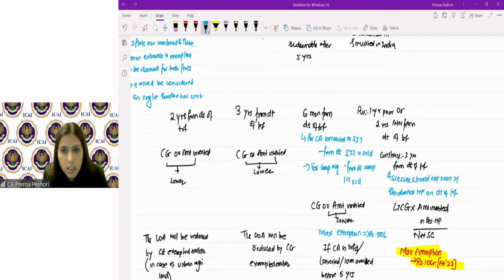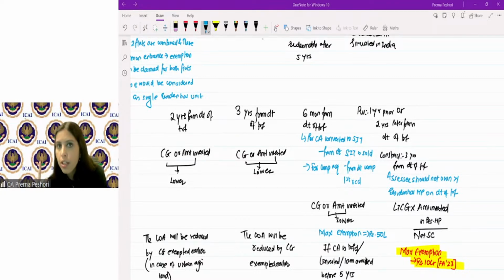Fine. So this is what you will get the exemption under 54F. Are we getting that? And then there is an additional condition that the assessee should not purchase any other house property within the 2-year period or construct any other residential house within the 3-year period from the date of transfer of original asset.